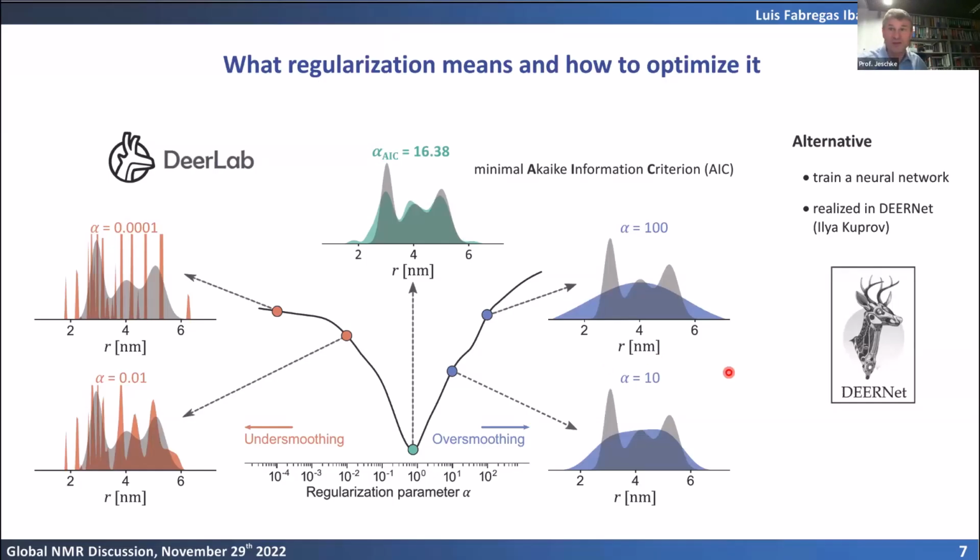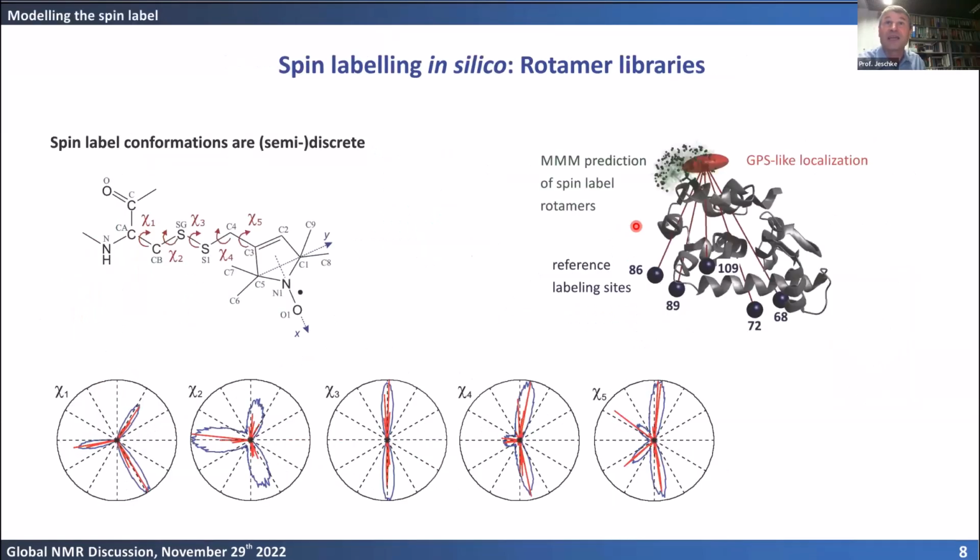At this point, we have to think about something else, namely the spin label. This is a problem that you also have to solve when you work with paramagnetic relaxation enhancement. These spin labels that you use have rotatable bonds in the side chain. So they have a dihedral angle distribution.